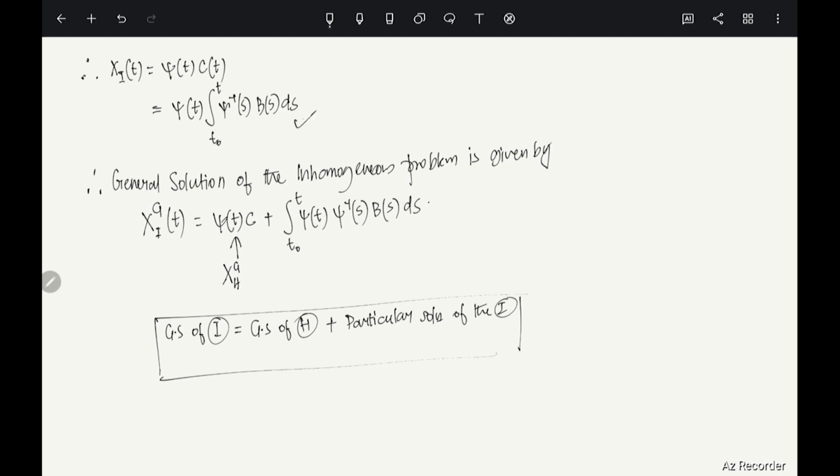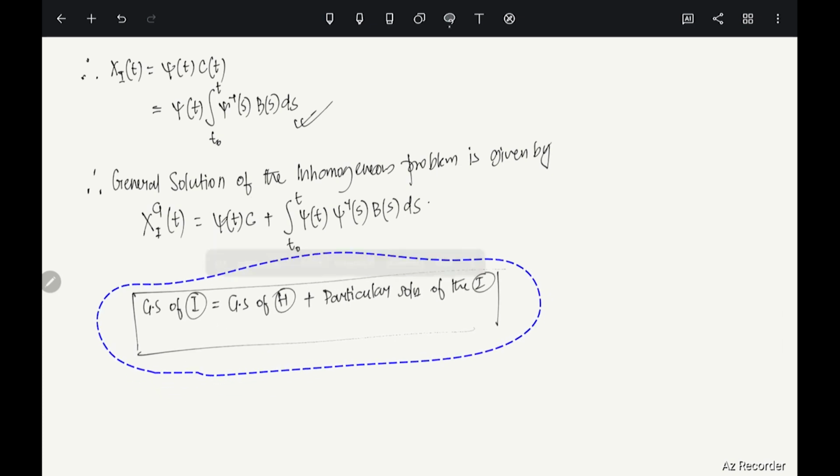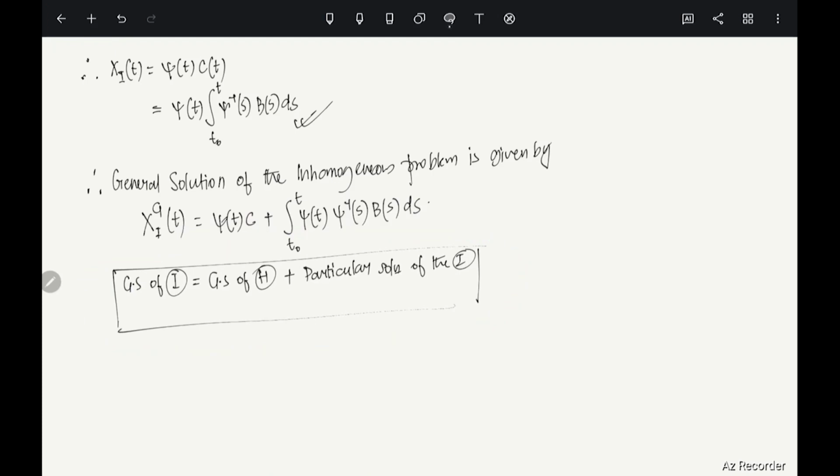The solution which you got is a particular solution of the inhomogeneous problem. So we are just adding the general solution of the homogeneous problem with the particular solution of the inhomogeneous problem. If you can find one solution of the inhomogeneous problem, then you can just add it with the general solution of the homogeneous problem, put it together, and that will be your answer.